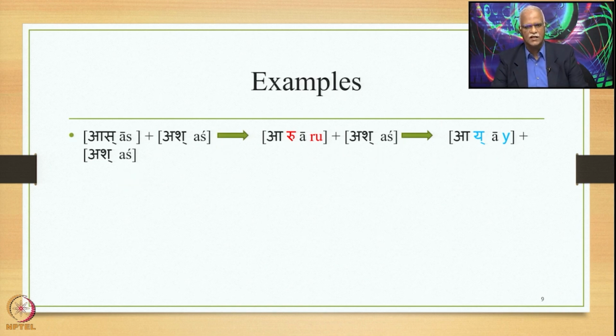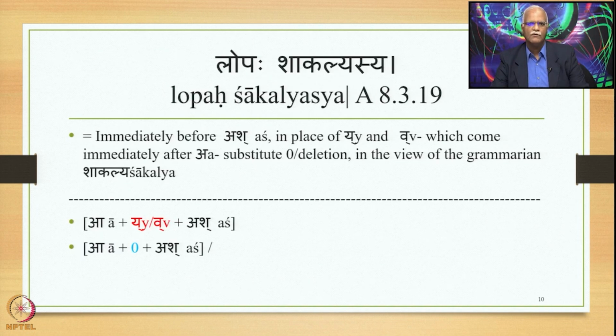That next stage is what we are going to study now. So we have Lopah Shakalyasya 8.3.19 which applies over here, which says that immediately before ash, in place of ya and va, which come immediately after a, substitute 0 or deletion in the view of the grammarian Shakalya.